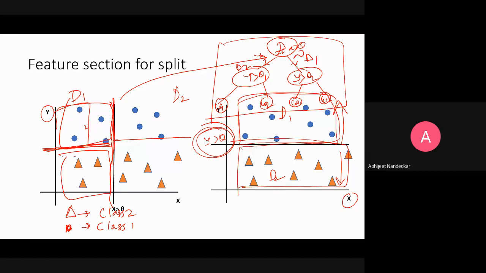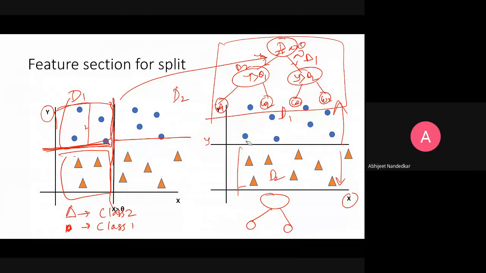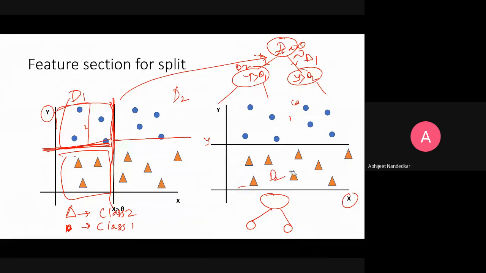Now if you use the first feature as Y, then within one step only, because here you are drawing this horizontal line at the first step. So if Y is greater than theta, then immediately you get omega 1 and omega 2. So the same problem is solved with only one question.